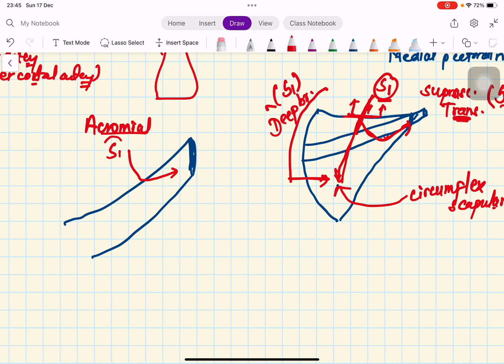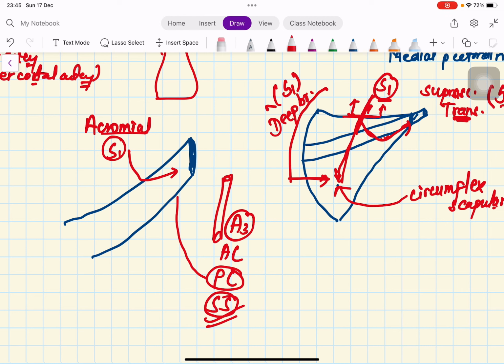So this is also S1. From axillary 3, there are the anterior circumflex, posterior circumflex, and the subscapular, which has already been given. Now it's time for the posterior circumflex, which will also give the acromial branch.